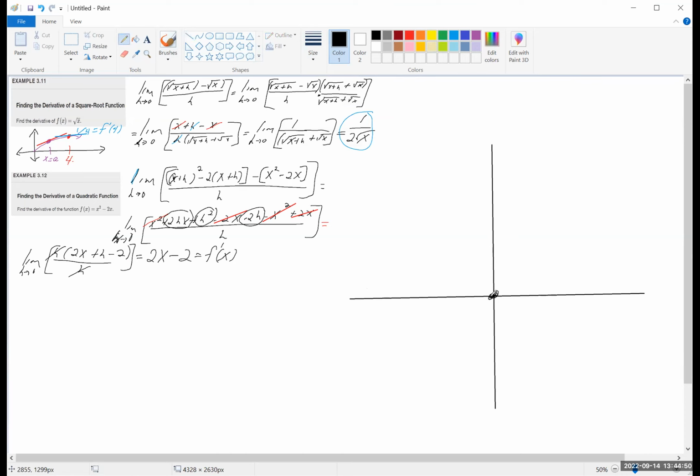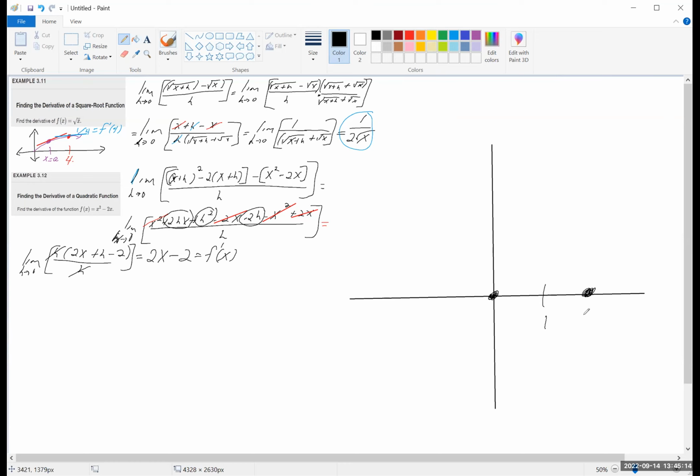So I know that's one of the intercepts. I'm doing some analysis of the graph to get a decent picture here. So it's x minus 2. So I believe 2 is the other point.